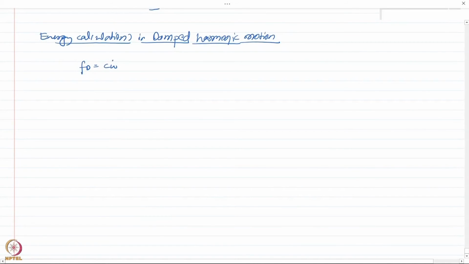We also know that the energy dissipated through any force is the force times the displacement, integrated over a certain time. So the energy dissipated due to my viscous damper can be written as Fd times du over a certain time t.